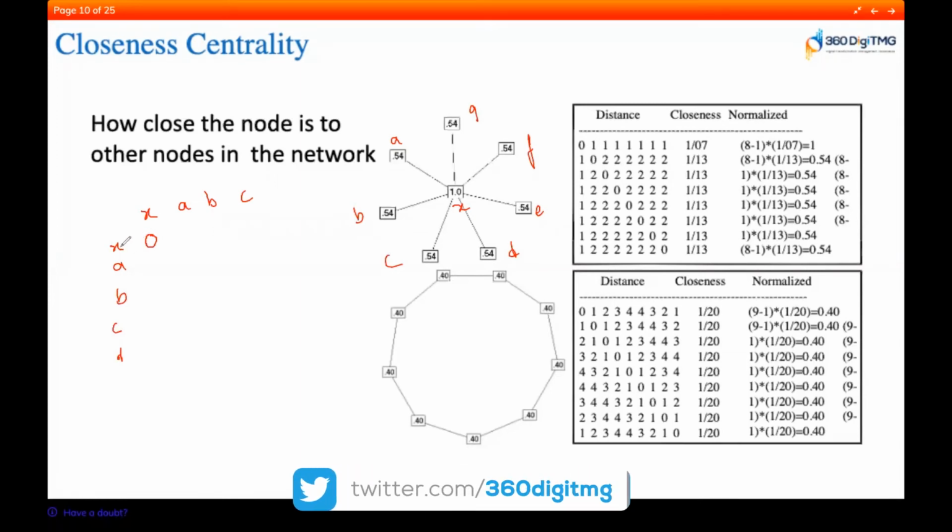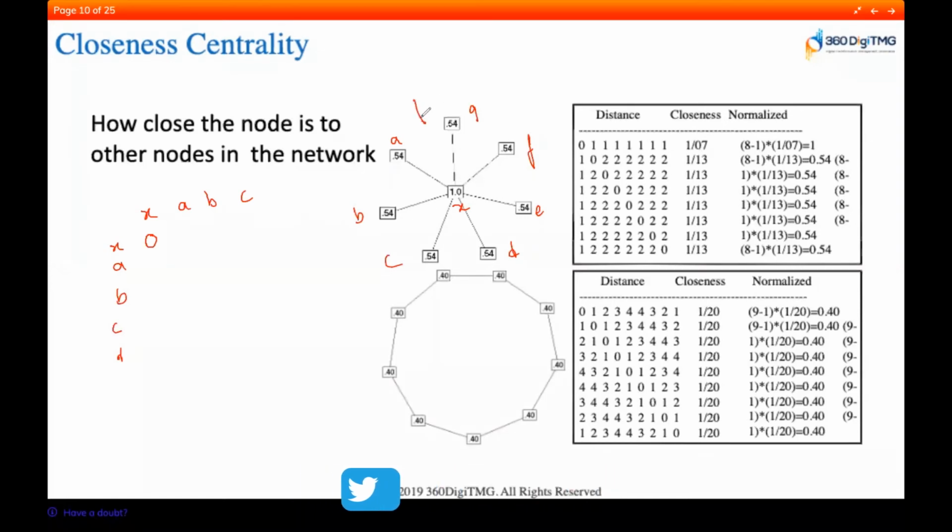Now, is there any connection between X and A? Yes, I have a connection between X and A. X and B, is there any connection? Yes. X and C? Yes, I do have a connection.